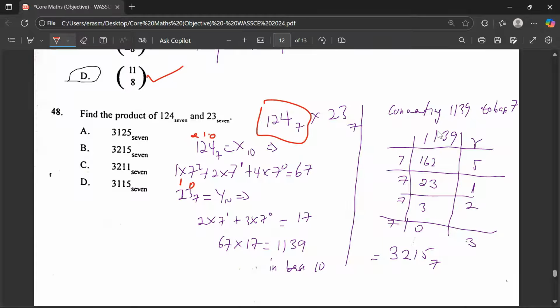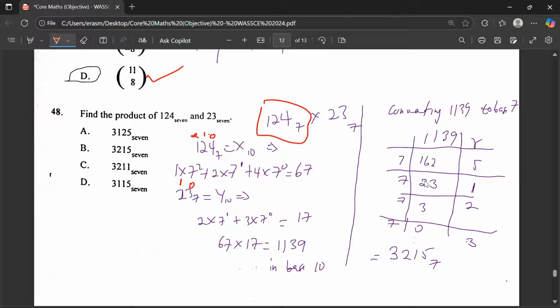This is how we are going to do it. We are going to write 1139 and then a remainder section. So 7 divides this by 162 and then a remainder of 5. And then 7 divides 162 23 times and then a remainder of 1.